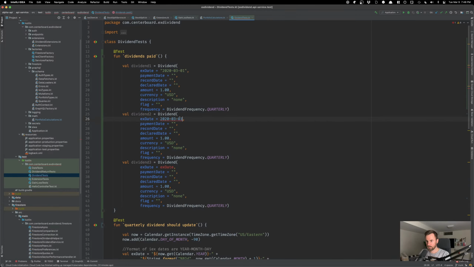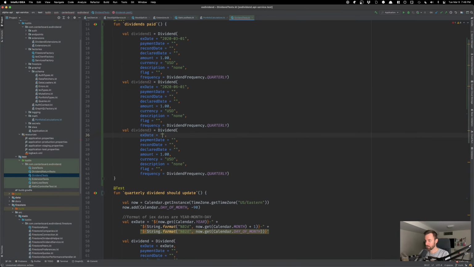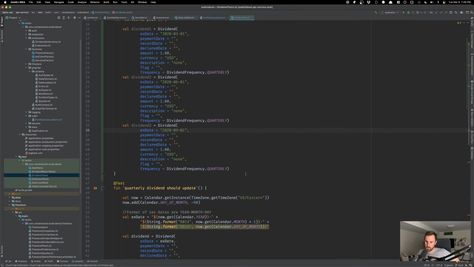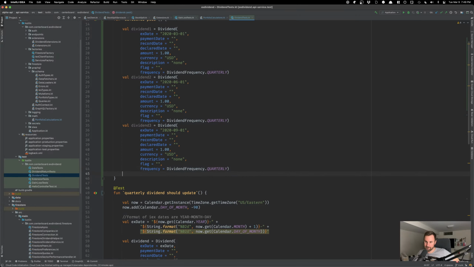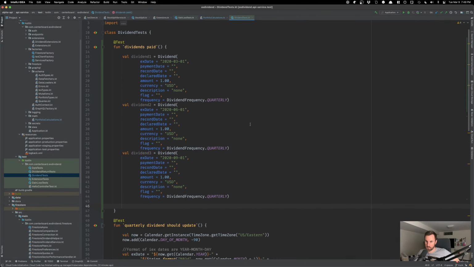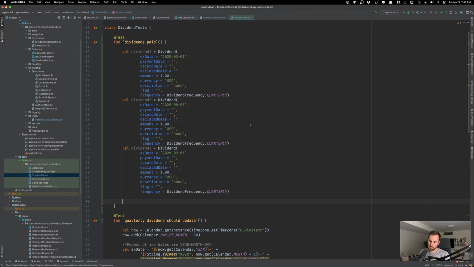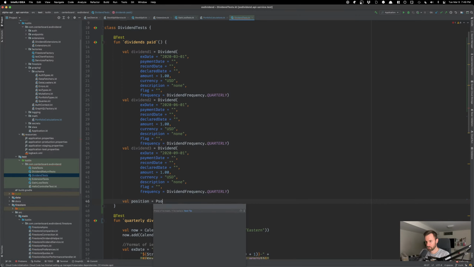Second dividend is going to be 2020 0601. And the last one is going to be 0901. They're going to pay $1 to make the math nice and easy. And then we are going to create a position.